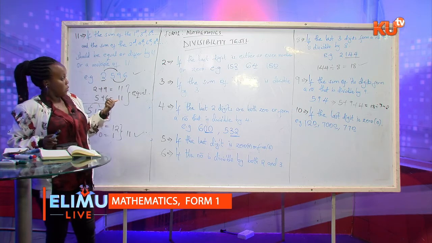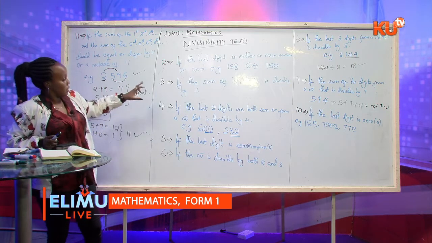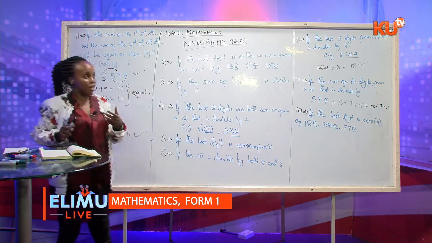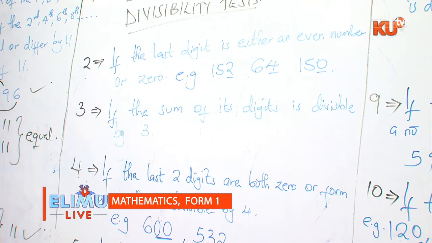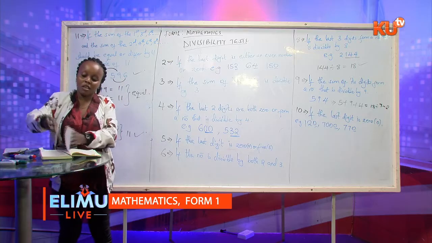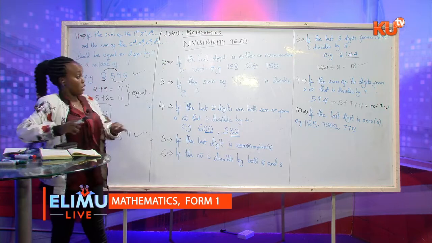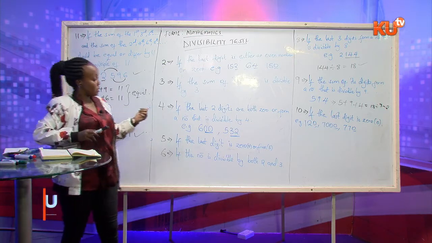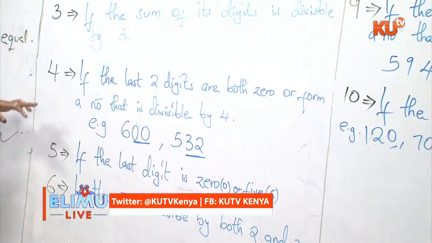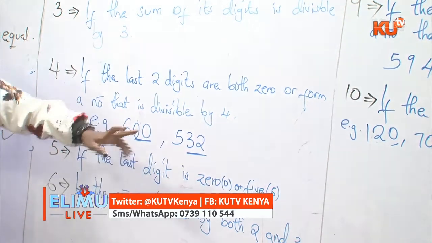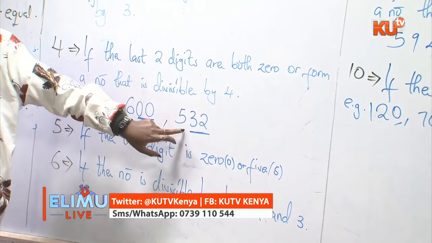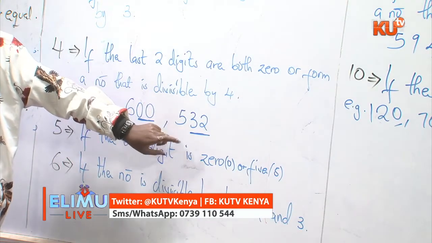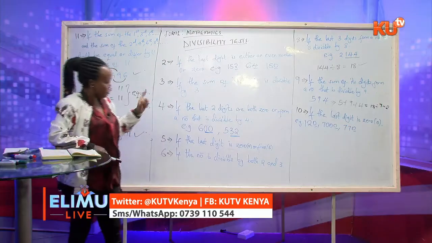For 3, a number is divisible by 3 if the sum of the digits is divisible by 3 or forms a number that is divisible by 3. Then by 4, a number is divisible by 4 if the last two digits are either both 0 or form a number that is divisible by 4. We saw examples of 600 and 532, whereby in 600 the last two digits were zeros, and in 532 the last two digits were 32, which is divisible by 4.